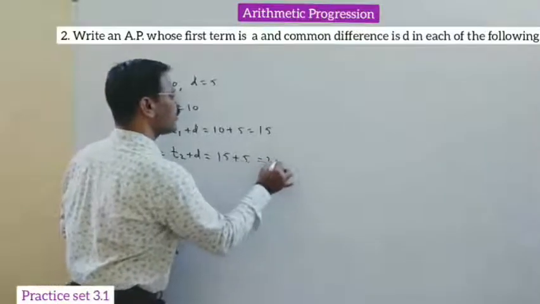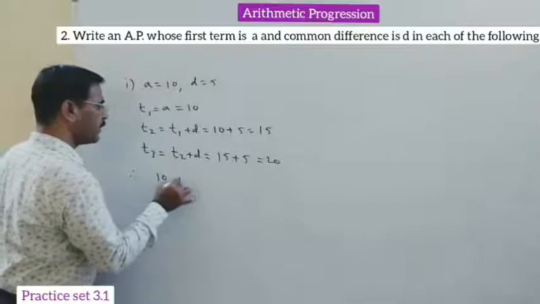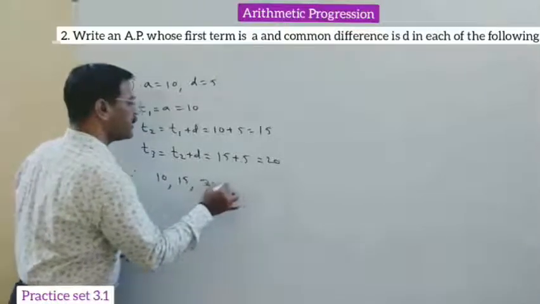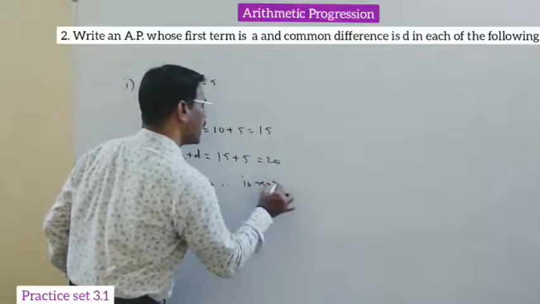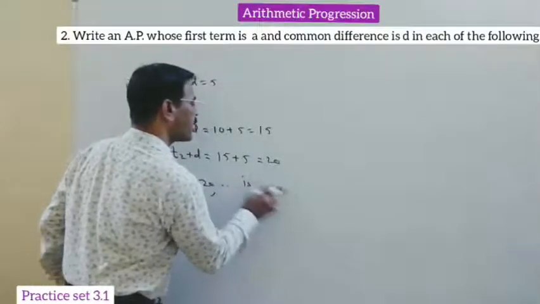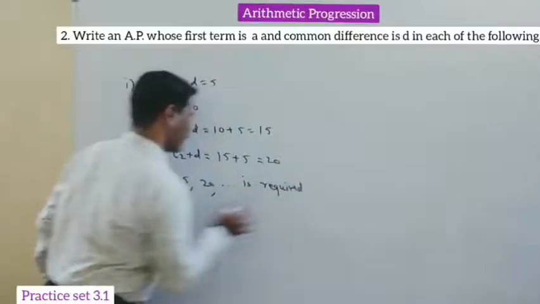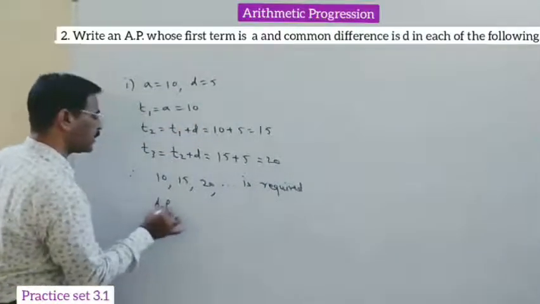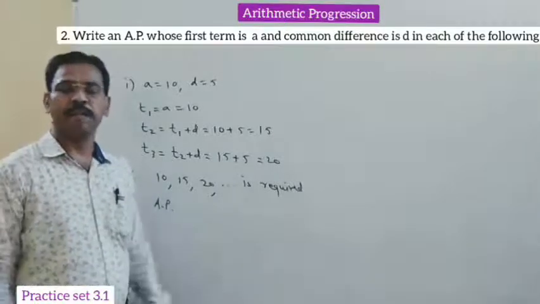Here it is 20. Therefore we can write 10, 15, 20, dot dot dot is the required arithmetic progression. Like this we can form that arithmetic progression.